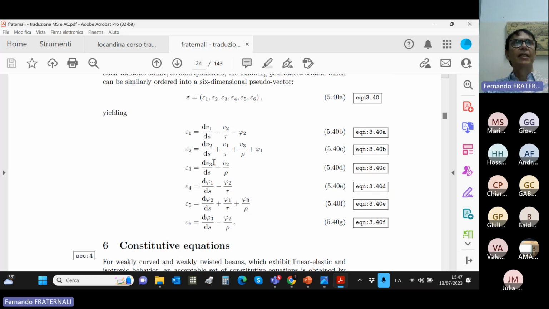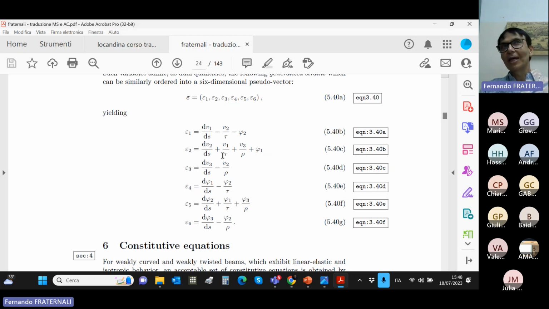Usually in a straight beam, the axial strain is related only to the axial displacement. So the axial strain is associated with the variation of the axial displacement along the axis line of the beam. While now in a curved beam, the axial strain is also related to V2, the transverse displacement.